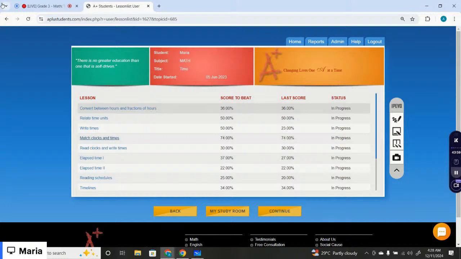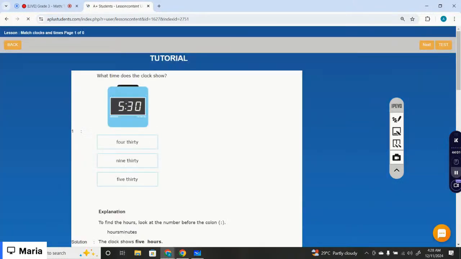The next lesson is match clocks and times. What time does the clock show?